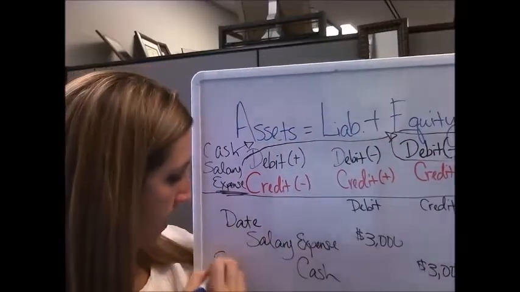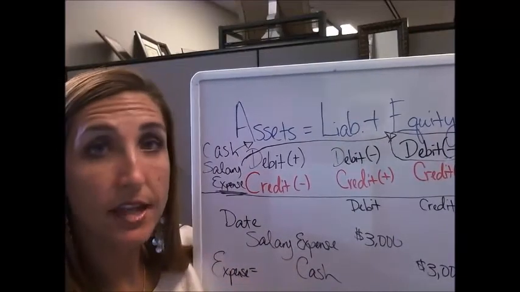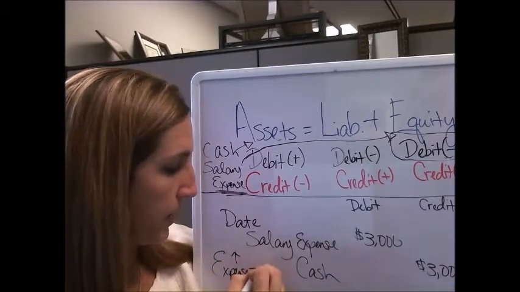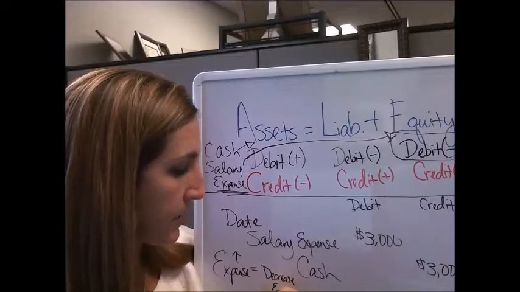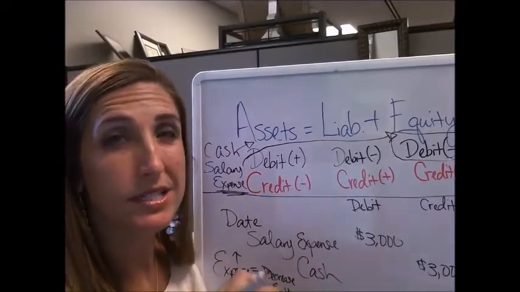Expenses, when they get recorded, that is going to equal an increase in the expense account, but a decrease in equity. Since they are a negative account, expenses will always decrease equity.